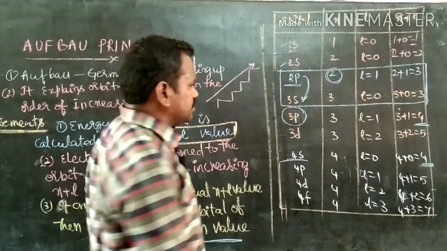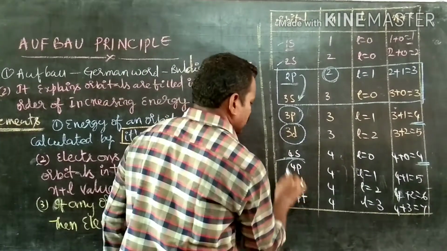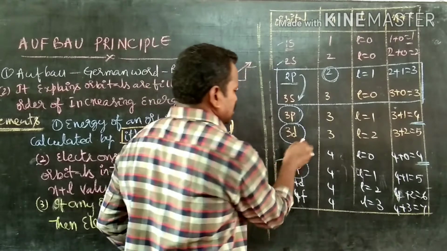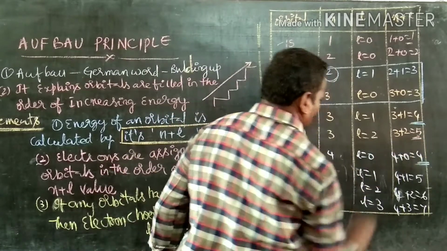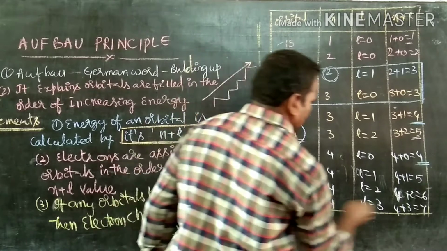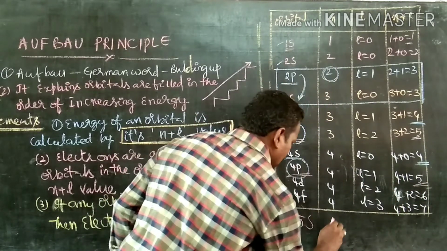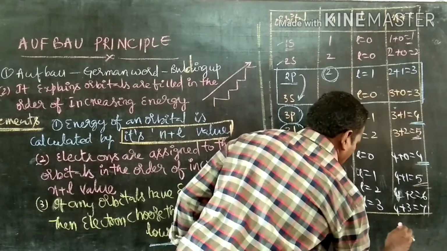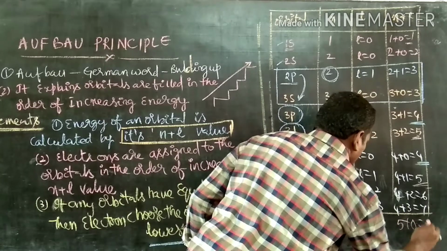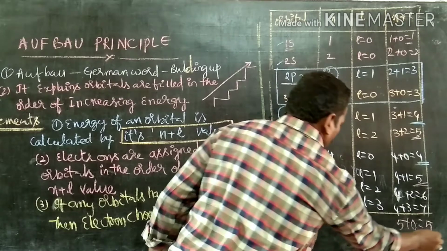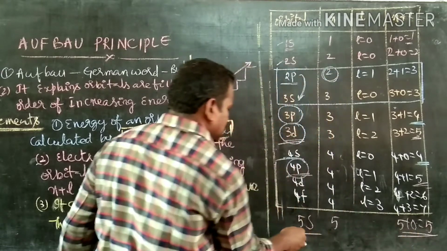Then again, if you observe 3d and 4p, the energy of 3d is 5 quanta, and the energy of 4p is also 5 quanta. For 5s, the value is 5 plus 0, which is equal to 5. So the energy of 5s is also 5.